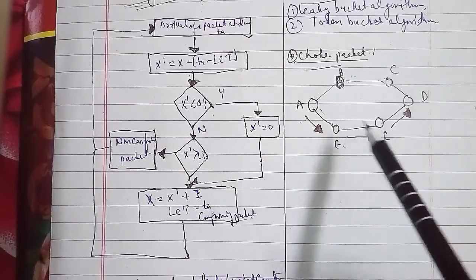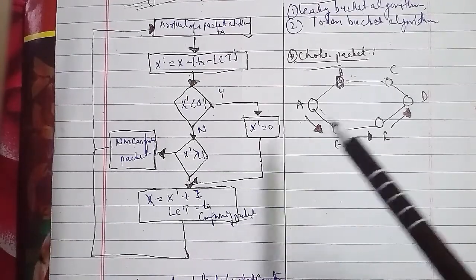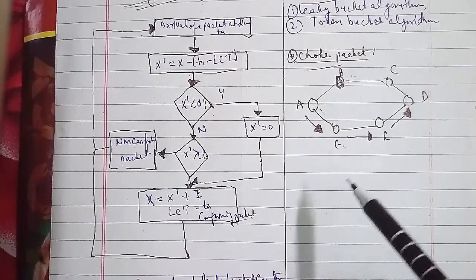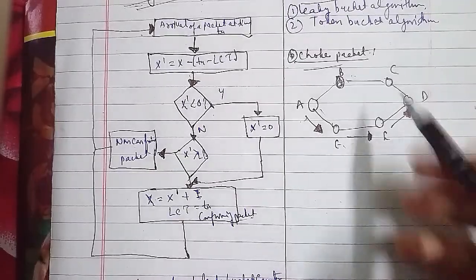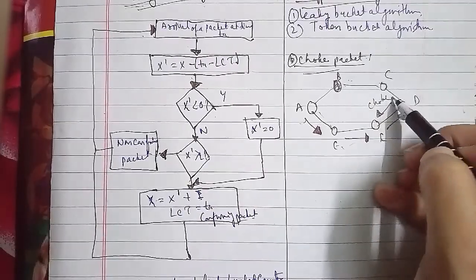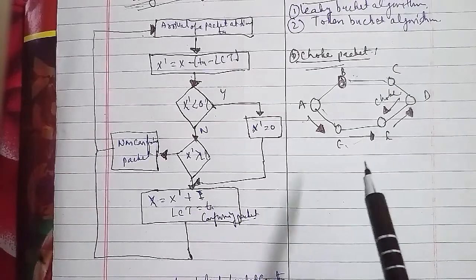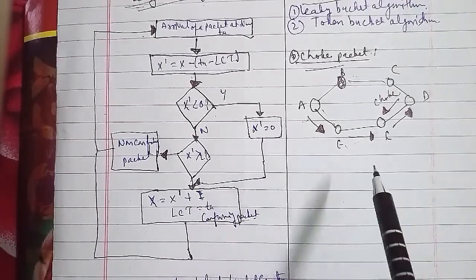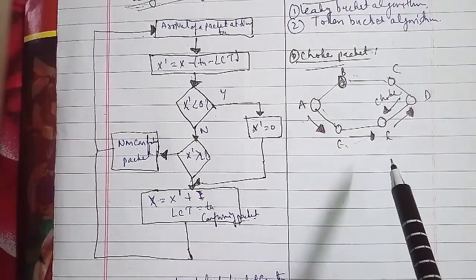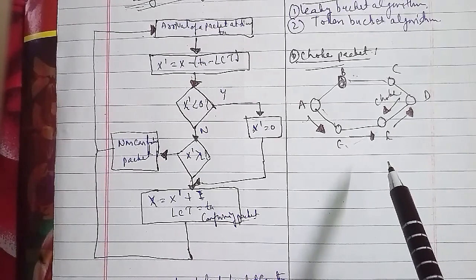After receiving the first choke packet, the source node A reduces its flow towards the destination, and the reduced flow is the same along the reverse path, the path of the choke packets through the various nodes. After that, the flow is reduced at each node as well.